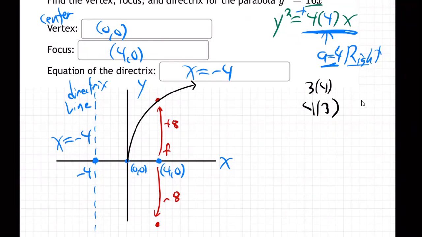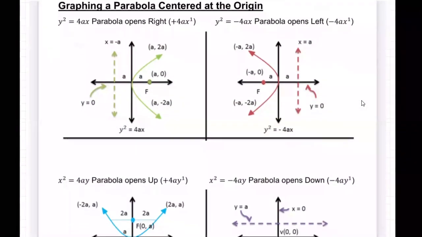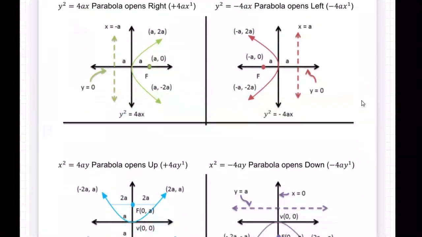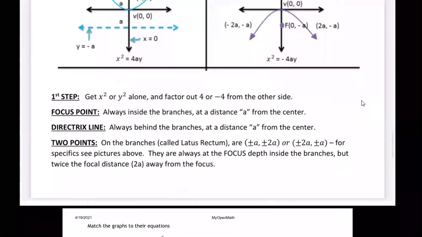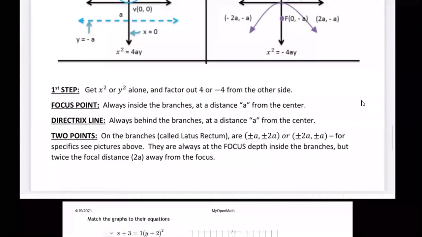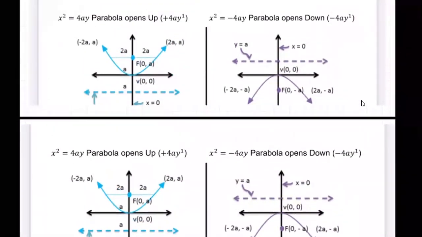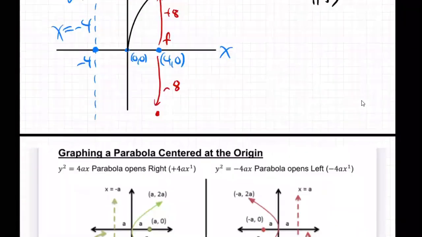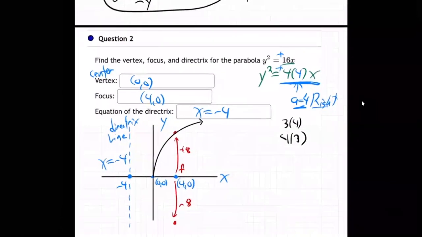It's not the 4 itself. It's not the 4 we factored out. And that's what we see here in the words. Well, I guess I didn't say it too clearly. It's not the 4, it's the number next to 4.